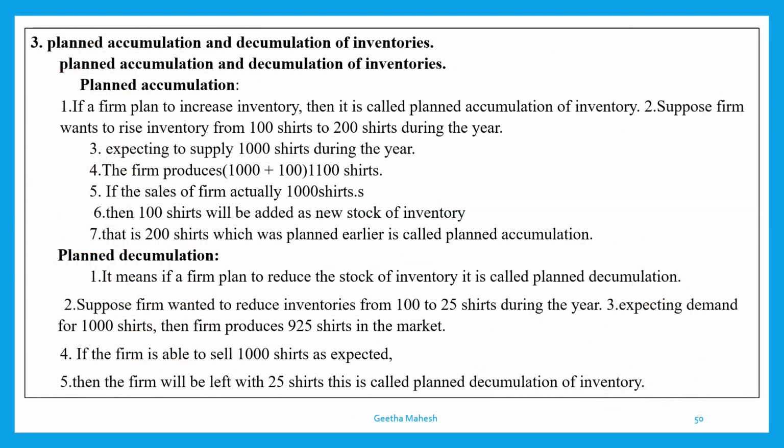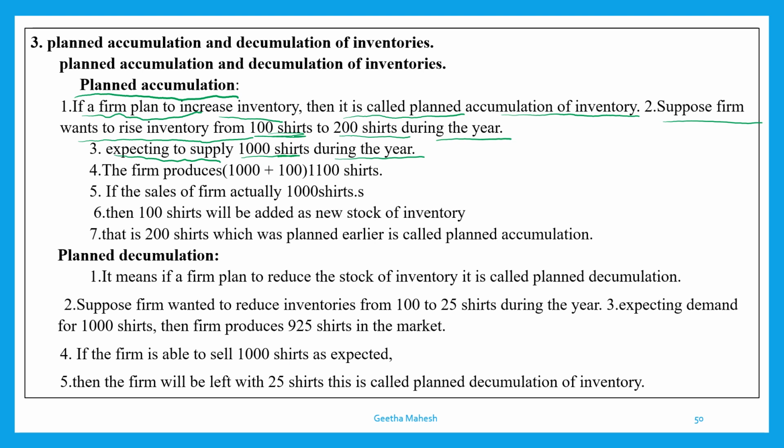Now let us discuss planned accumulation and decumulation of inventory, which is important for 4 marks. What do you mean by planned accumulation? If a firm plans to increase inventory, then it is called planned accumulation of inventory. Suppose a firm wants to raise inventories from 100 shirts to 200 shirts during the year, expecting to supply 1000 shirts.